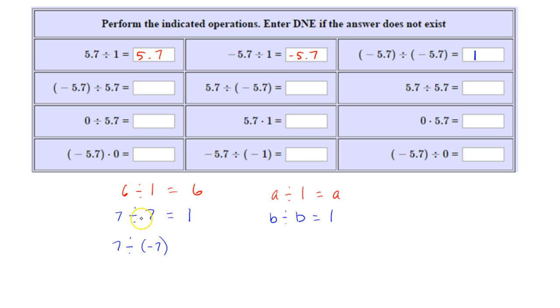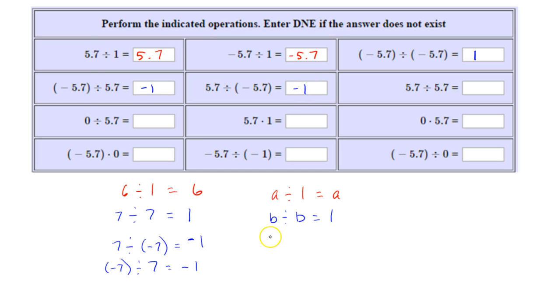So divide 7 by 7. And then if the signs are different, that means your answer is negative. So if you divide a positive by a negative, or a negative by a positive, the result is negative 1. So both of these will be negative 1.